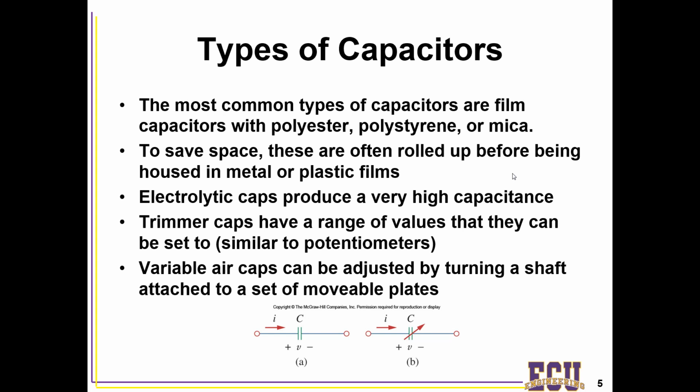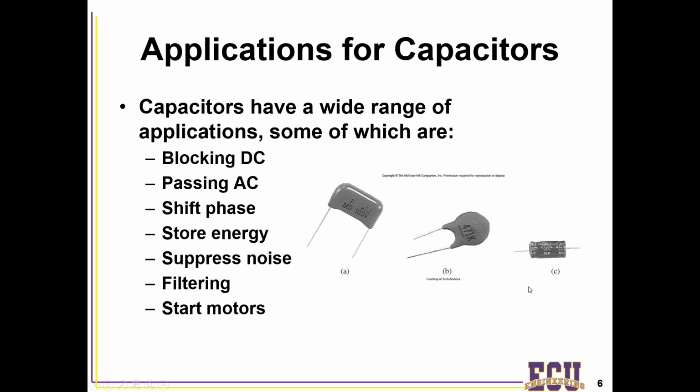And so based upon the displacement of two parallel plates in a capacitive sensor, you can actually detect how far apart the plates are based upon a signal response in a circuit that involves that variable capacitor. So in this case, if you see an arrow across the capacitor like that, that is a trimmer capacitor, that is a variable capacitance. And so in this case, we're going to have a positive voltage here, current flowing this way, and your capacitance C.